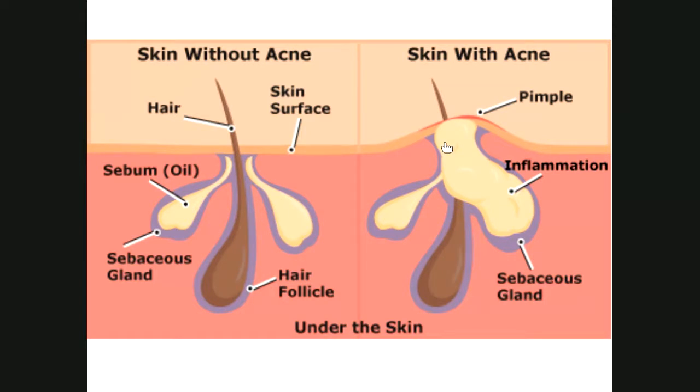And the treatment is using different products like salicylic acid, antibiotics, vitamin A, and some other synthetic products. And you can see that when we squeeze the acne, this pore opens, and the secretion which is oily can come out.